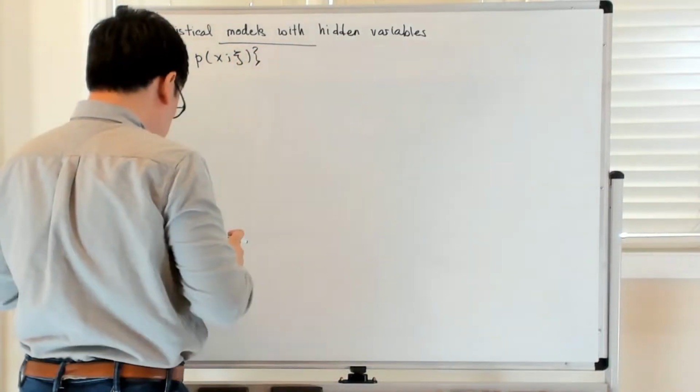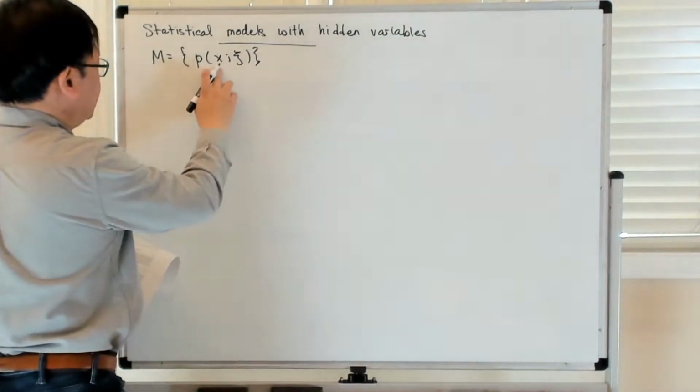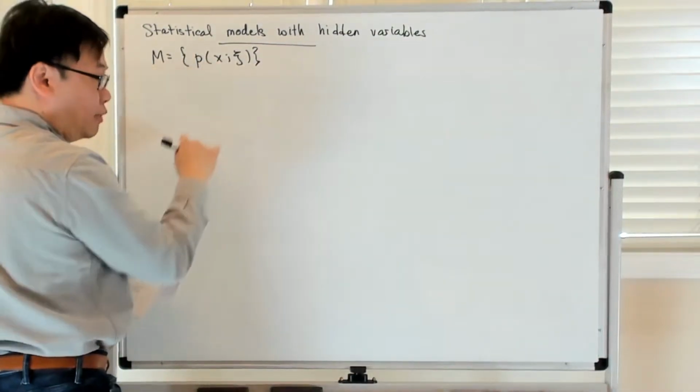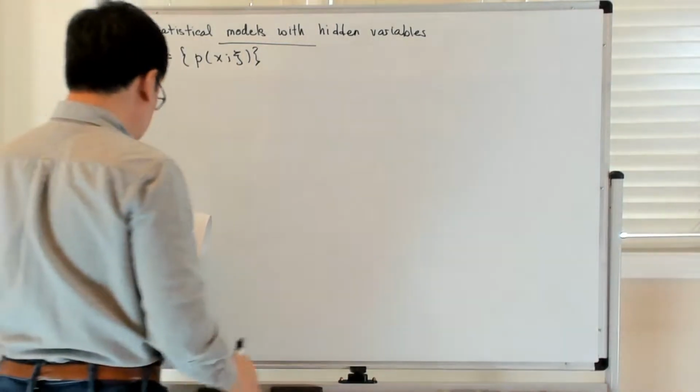Okay, and then what's going to happen is that we're going to partition this random variable x into two parts, one of which is observable and the other one isn't, right?